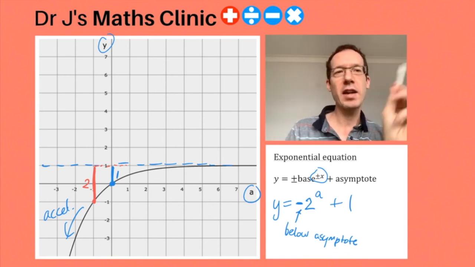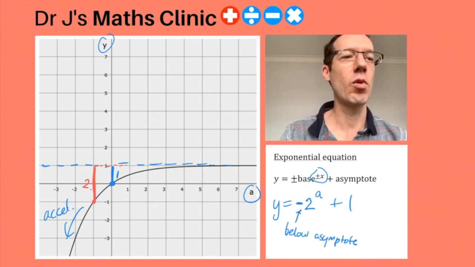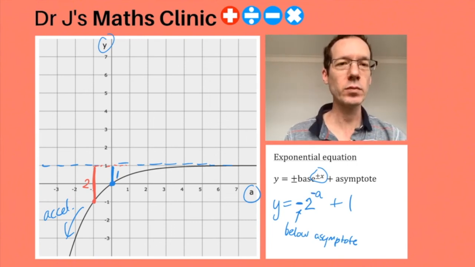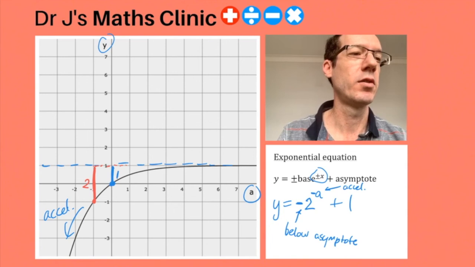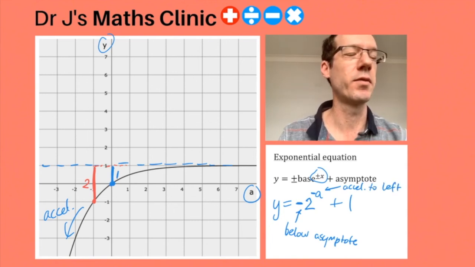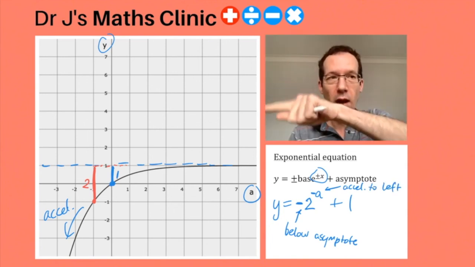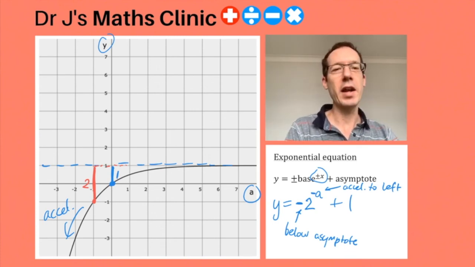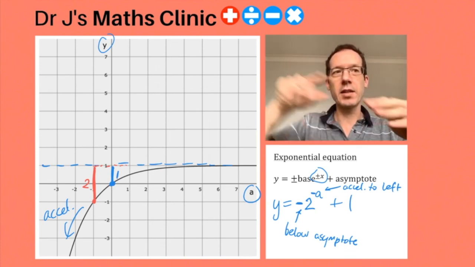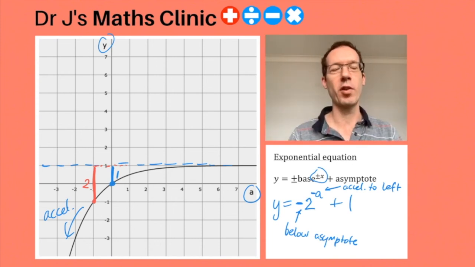But if you're accelerating to the left, that means you also need to put a minus in front of that power. So that there is the accelerate to the left negative. If it's accelerating to the right, you don't need that minus. It's only if it's accelerating to the left of the graph that you put that minus in.